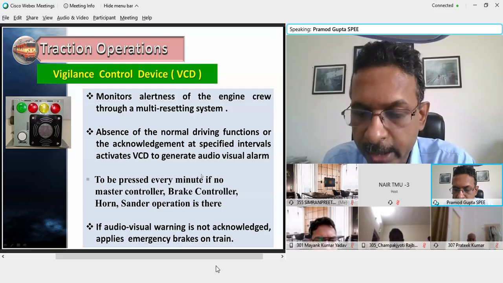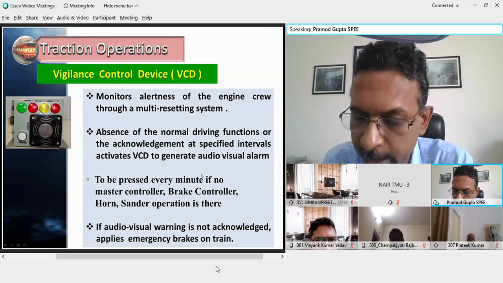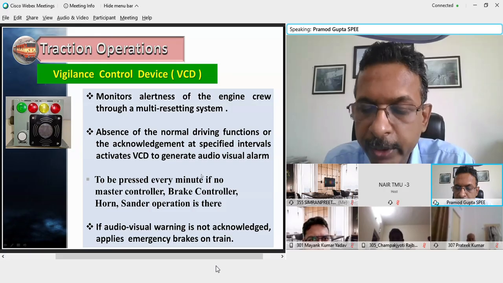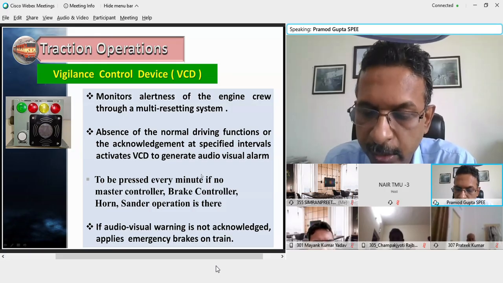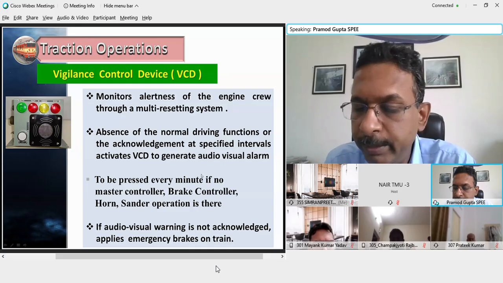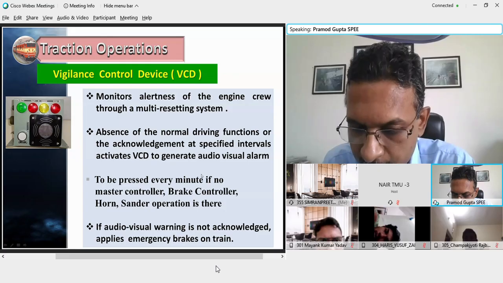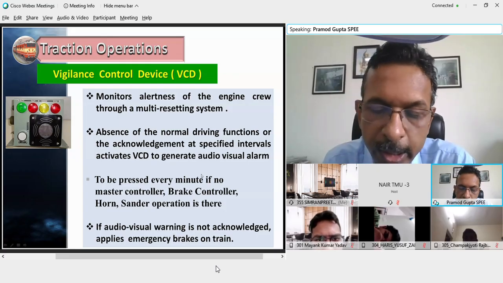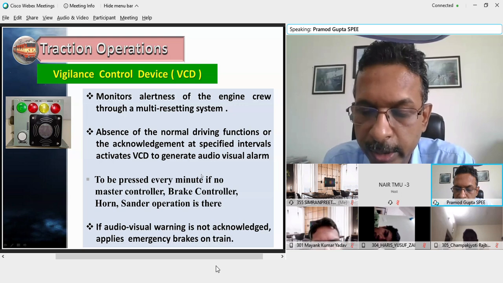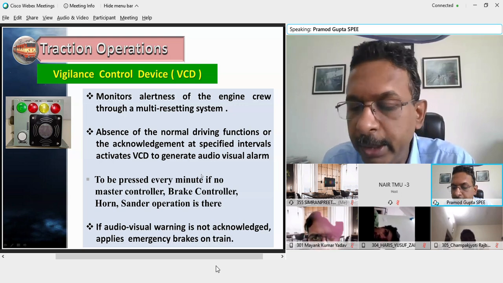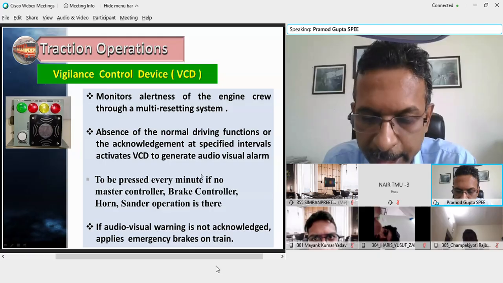If the pilot does not do it, an audio-visual warning is issued to him. If he does not acknowledge even the audio-visual warning, the emergency brakes are applied, and all these events get recorded on the control device and can be downloaded by the controller for further action.